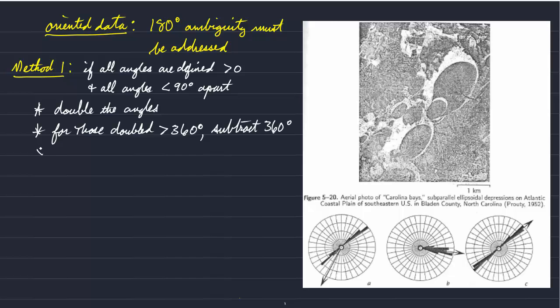And then from that modified set, just halve the angles. And when you do that, that will make all the angles between 0 and 180 degrees.